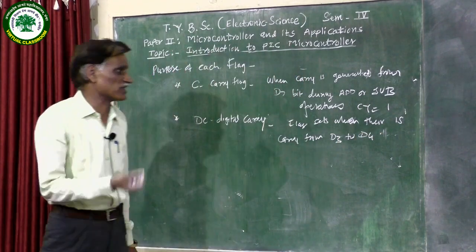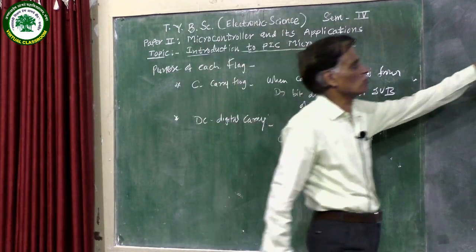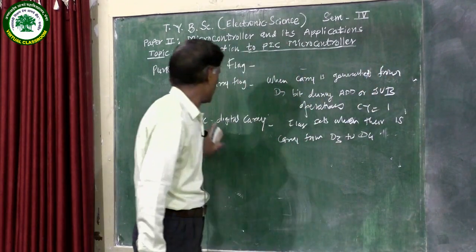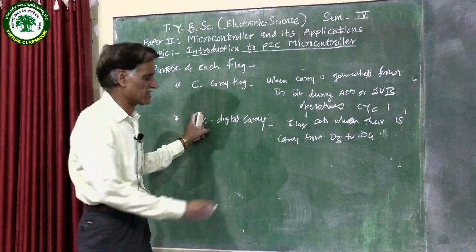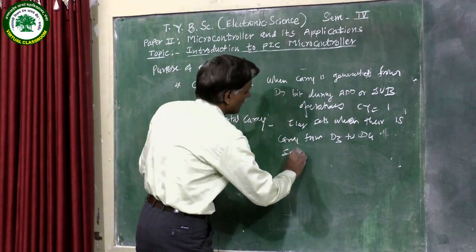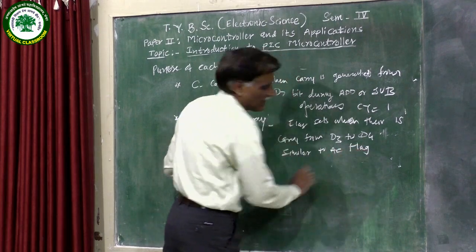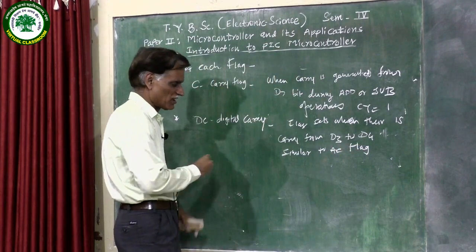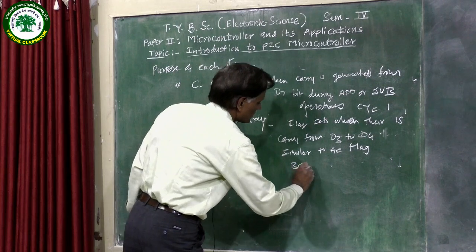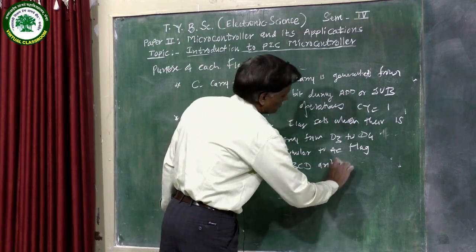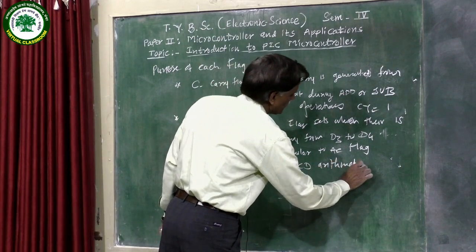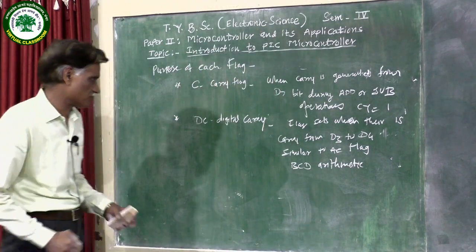Whenever there is a carry from D3 to D4, at that time the digital carry will be generated. It is similar to the AC flag. And this flag is generally used in BCD arithmetic, binary coded decimal arithmetic.